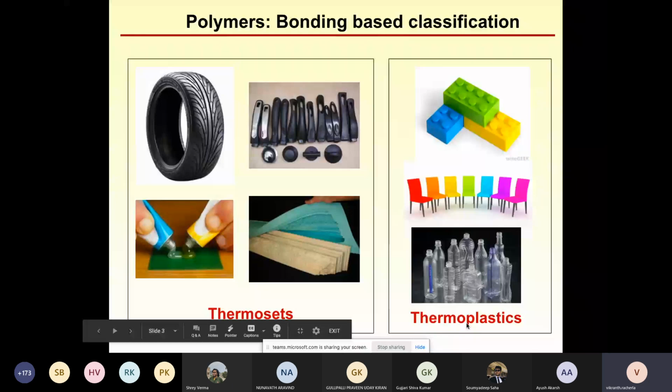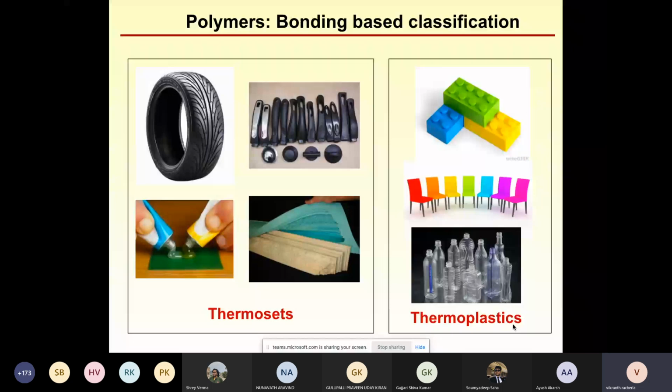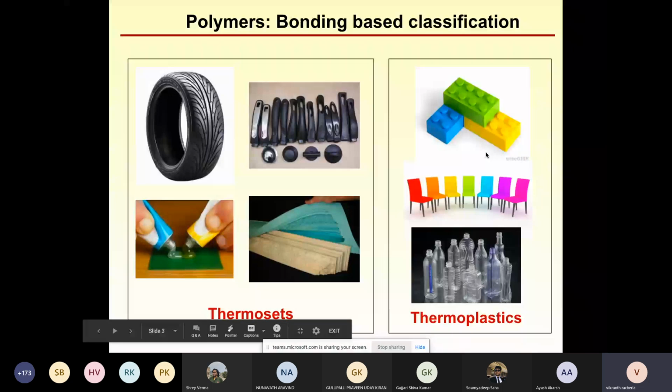So for this class of materials, for thermoplastics, you can heat the materials and soften them, and then you can push them into any shape that you desire. So the majority of the plastic parts that you see around you these days are all thermoplastics. If you take Lego blocks, chairs, water bottles, these are all made out of thermoplastics.